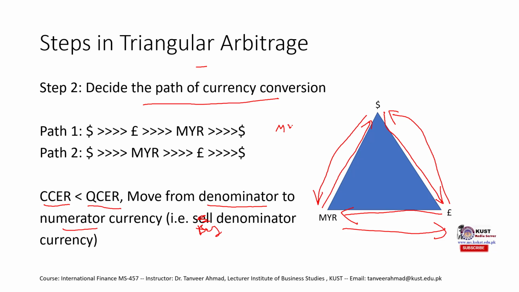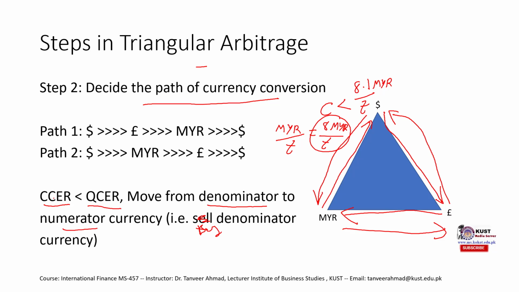Remember, we just calculated a cross exchange rate of Malaysian ringgit over pound, and we found that it's 8 MYR per pound. This was our calculated cross exchange rate, and we just said if calculated is less than quoted, and what is quoted in this case, it's 8.1 MYR per pound.